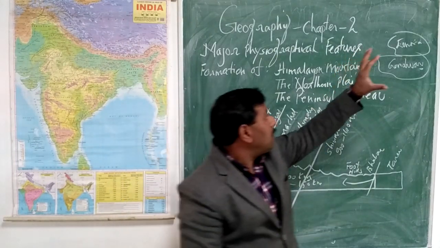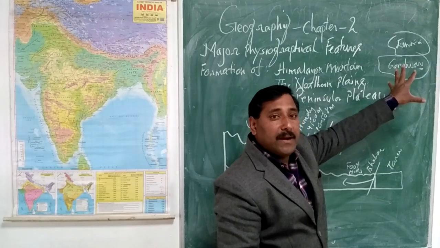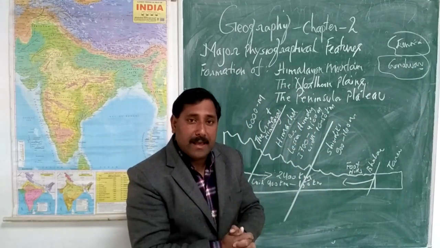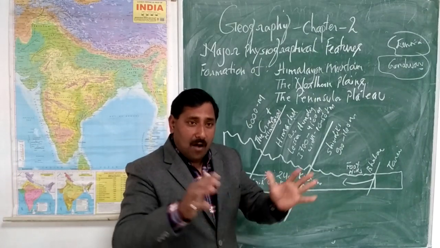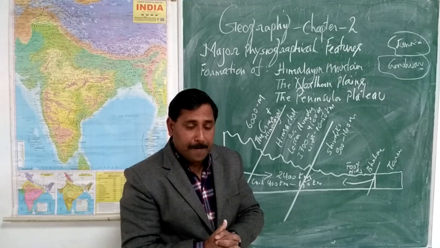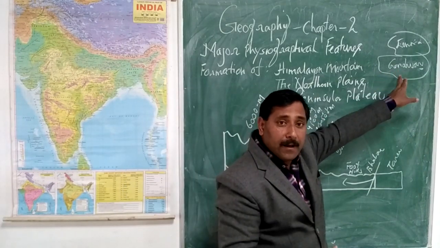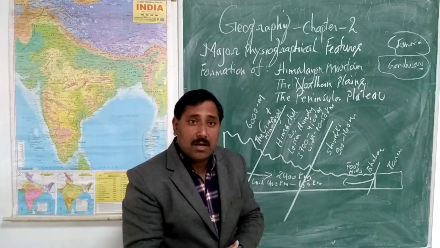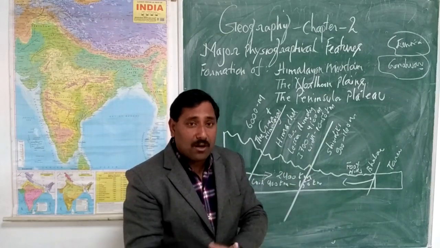These different continents split out from one single mass known as Pangaea. And our continent is part of this Gondwana land, which is supposed to be the oldest landmass, developed millions of years ago.